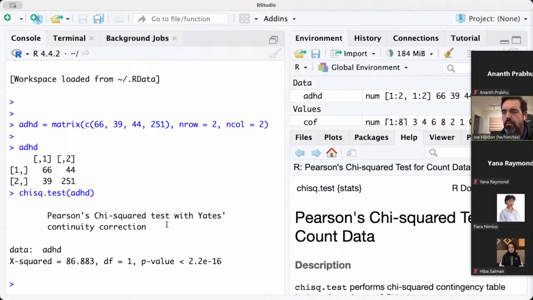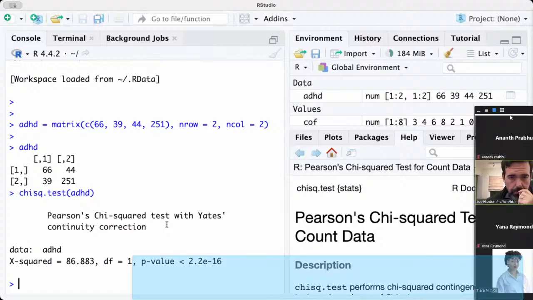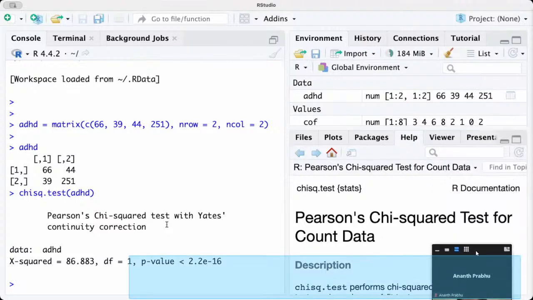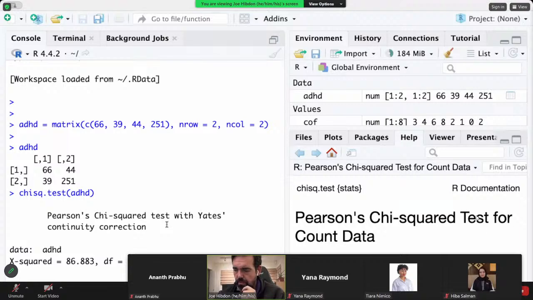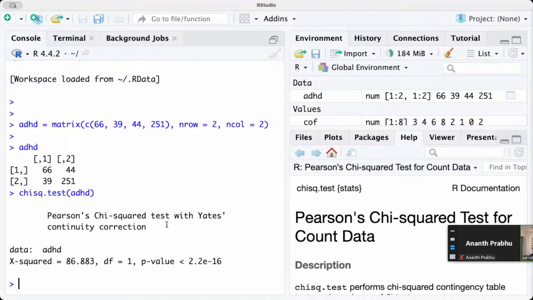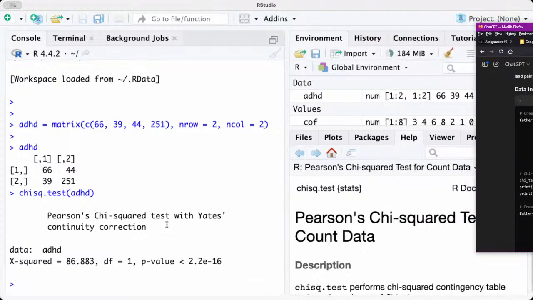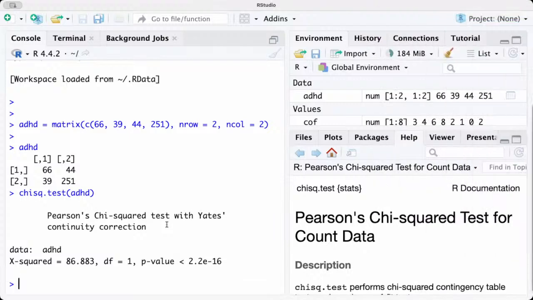So is it statistically significant? No. Why not?